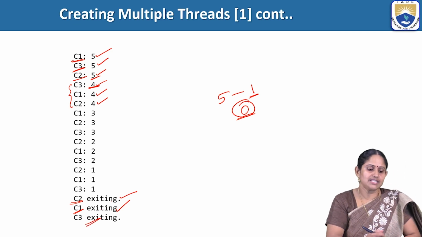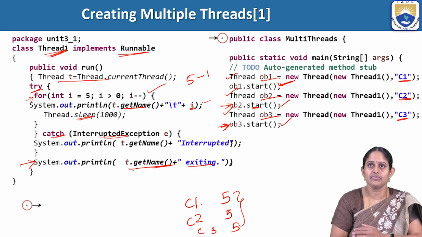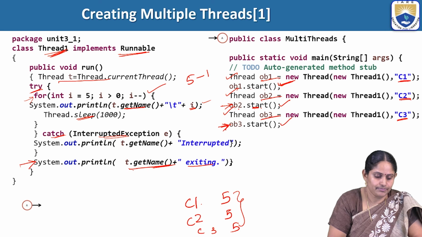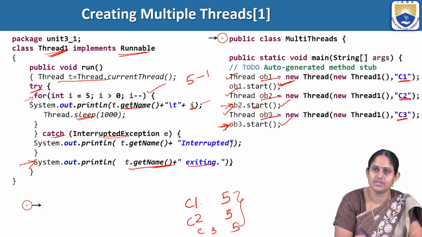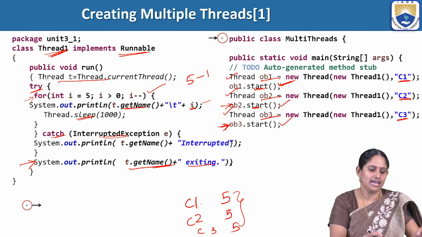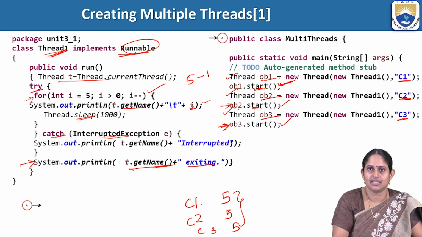So this is how we can spawn multiple threads inside our program. Here we created 3 thread objects, and we called the start method on each thread, by which it invoked the run method, and we made use of the Runnable interface to create our thread class.